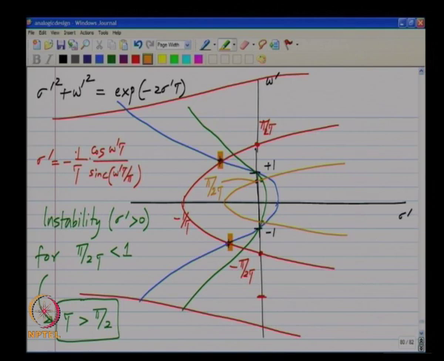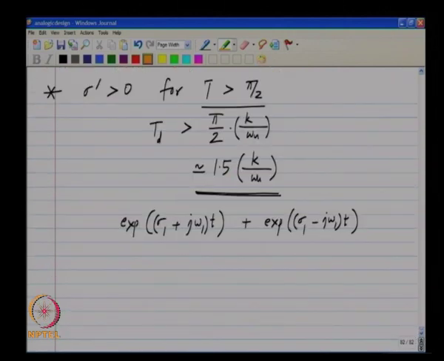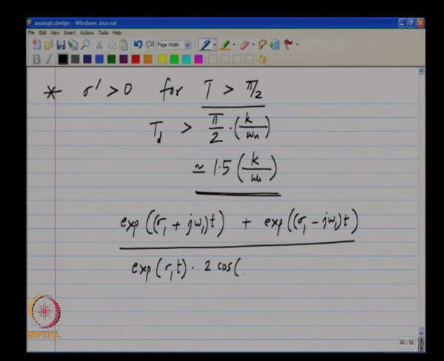If you have a point of intersection here about on its mirror image about the x axis, you will also have a solution, and this can be written as exponential sigma 1 t and 2 cosine omega 1 t.